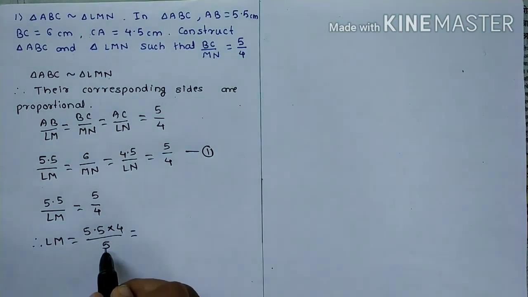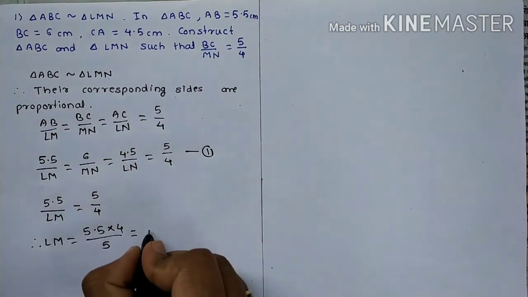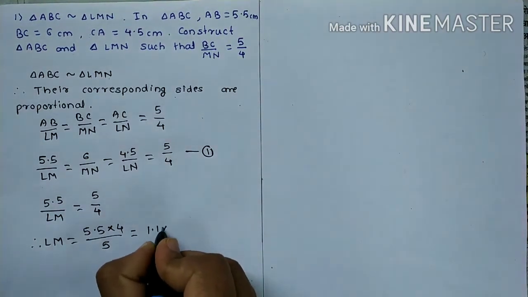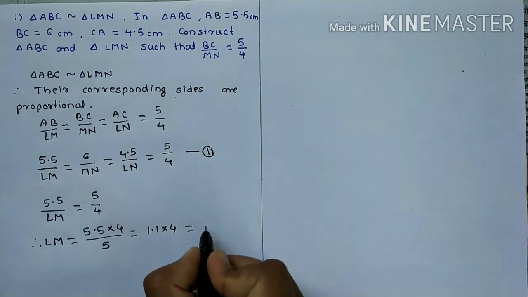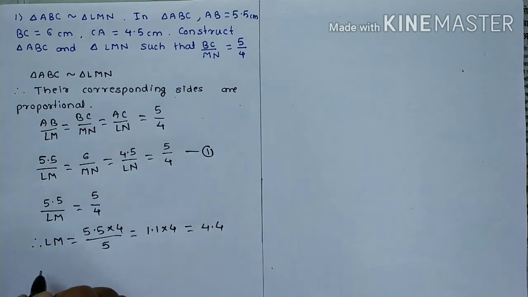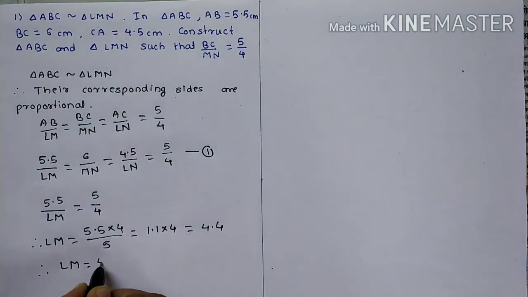Here 5.5 is divisible by 5, so we get 1.1 into 4, which is equal to 4.4. Therefore LM equal to 4.4 centimeter.